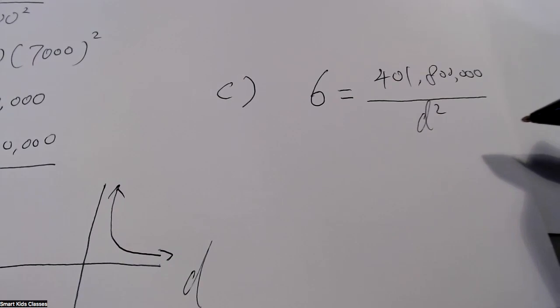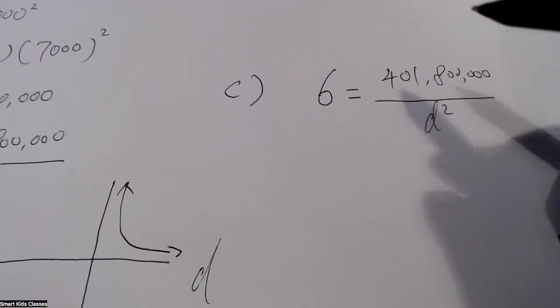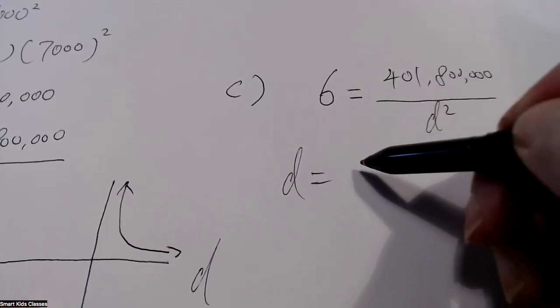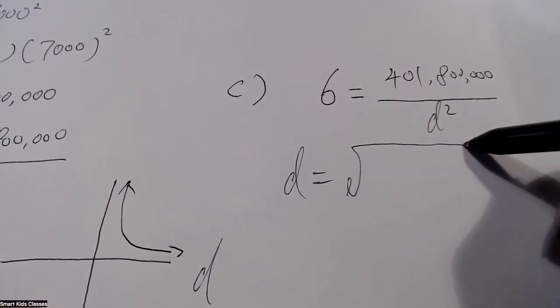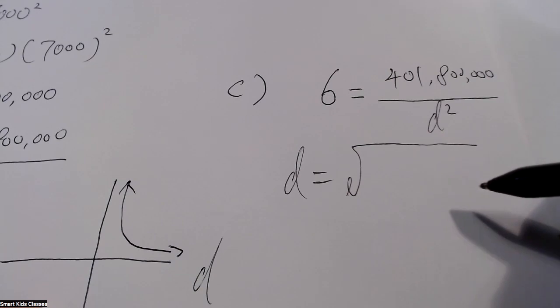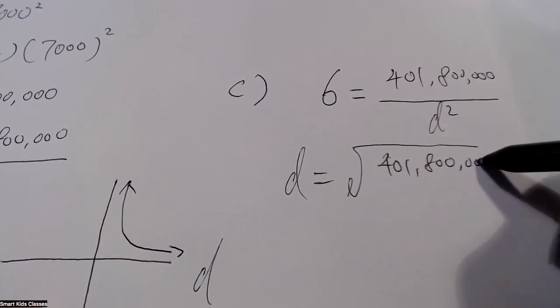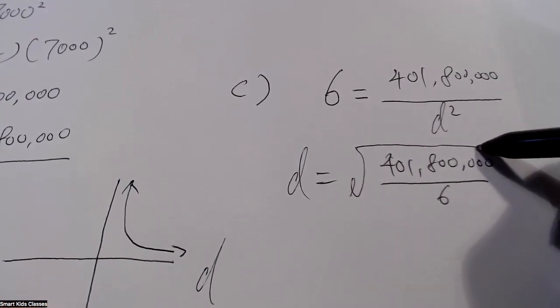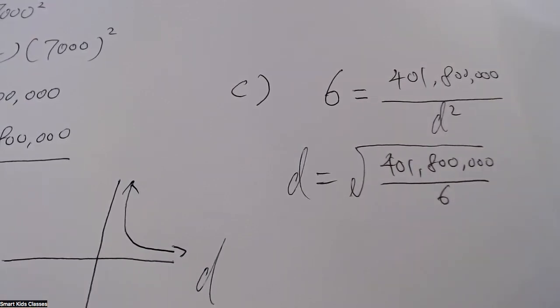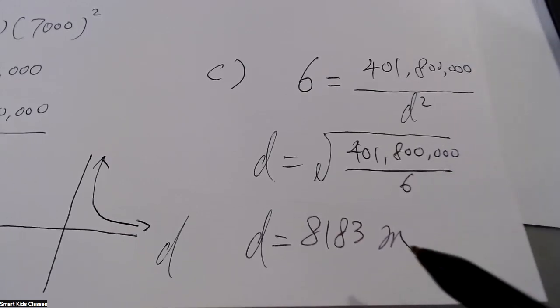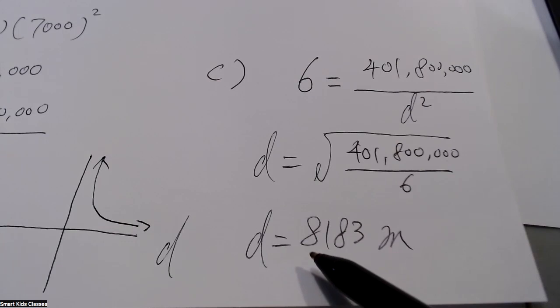So we're going to find d squared. So d is equal to the square root of that divided by 6. So we're going to use the calculator. When you use a calculator, we get d is equal to 8,183 m. So that's for question 10.